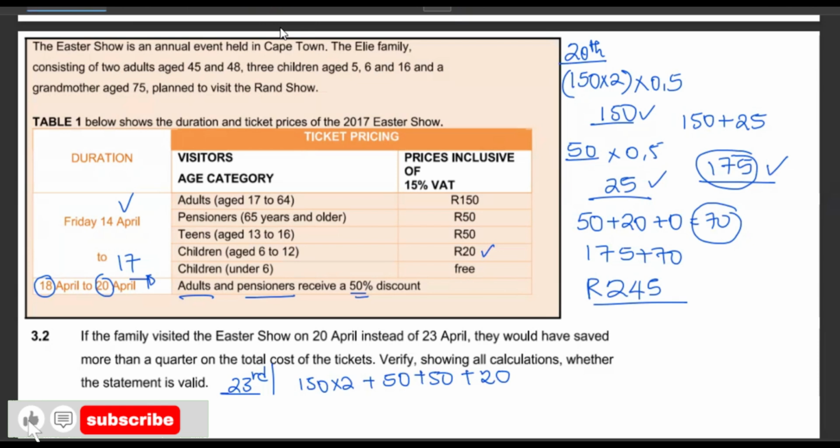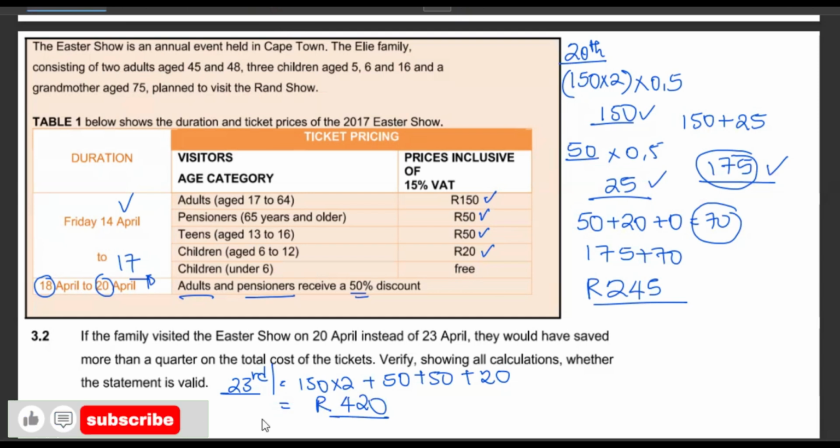The teenager pays 50. The adults pay 150. Then the pensioner pays. So here, all in all, this is approximately 420. So we want to know how much they had saved.